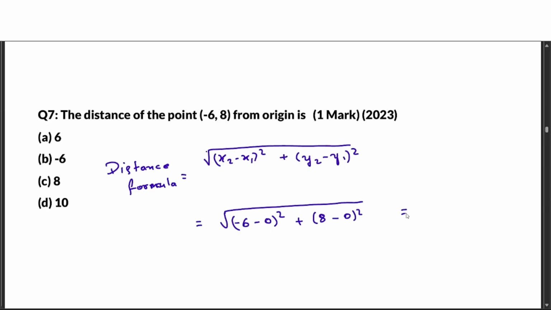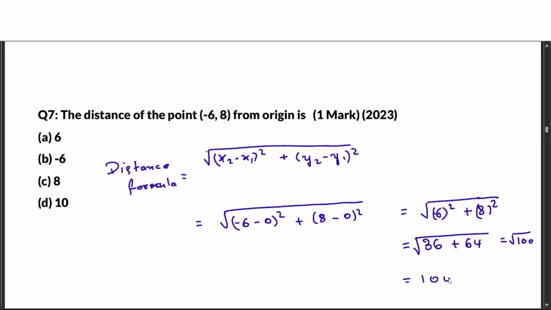So we get 6 whole square plus 8 whole square, which means 36 plus 64 under the square root. Both together give the square root of 100. So your distance will be 10 units. So option D is correct.